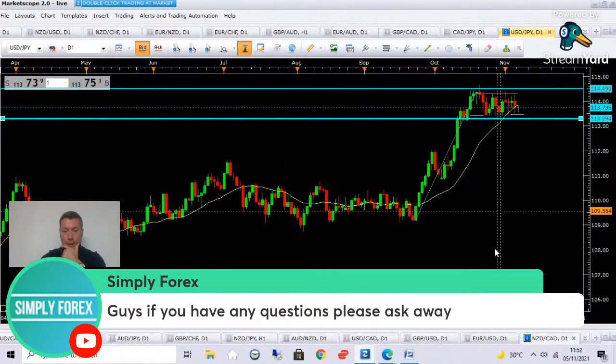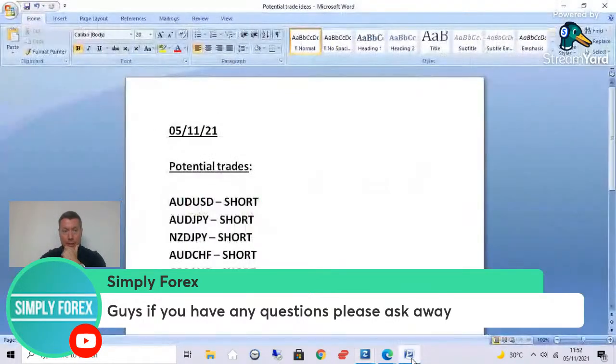So let's have a look at all the potential trades that we've got today then, guys. We've got 5 potential trades. We looked at all 28 currency pairs, and we narrowed it down to 5 currency pairs. So this is them. We've also looked at where to take these trades from on the lower time frame, on the H1.